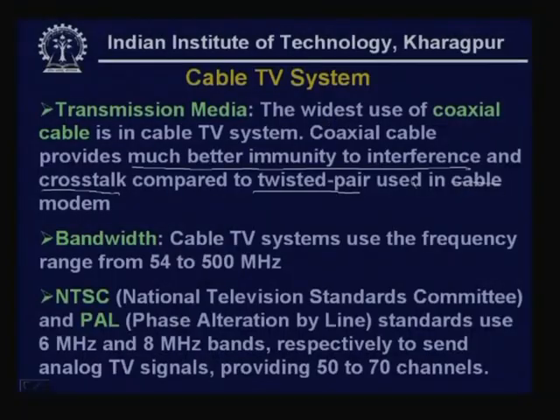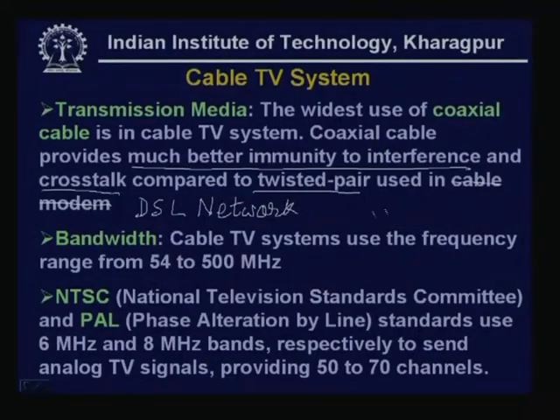As you have seen in DSL network, the twisted pair is used and the actual bandwidth is much less than the highest possible bandwidth.